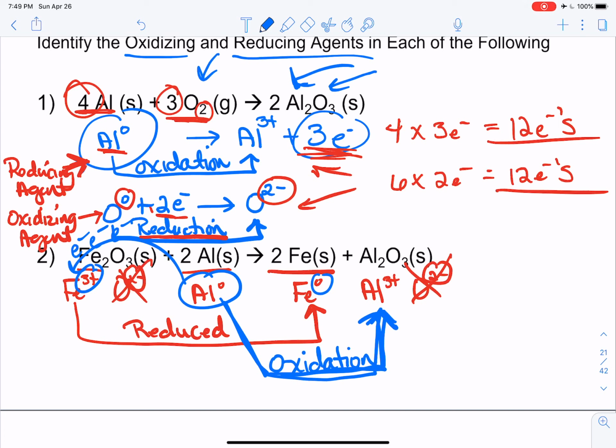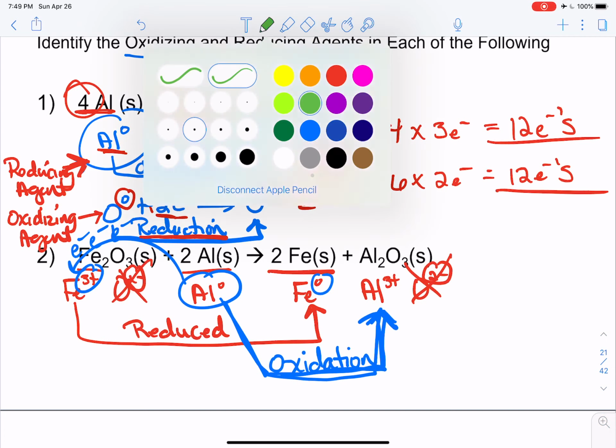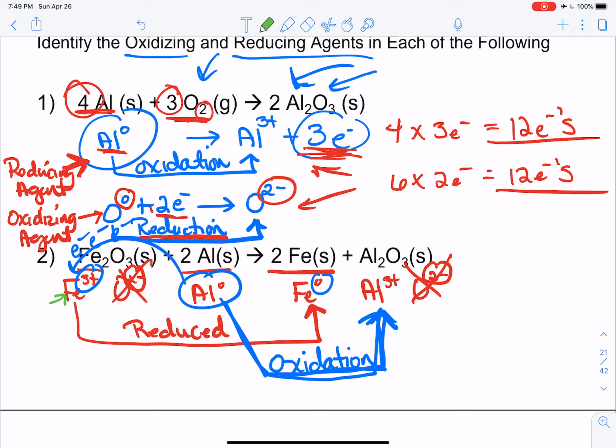Okay. So if iron is reduced, then it is the what agent? It is the oxidizing agent. Because if it is stealing electrons from somebody else, it is reduced itself, but it's causing somebody else to be oxidized.